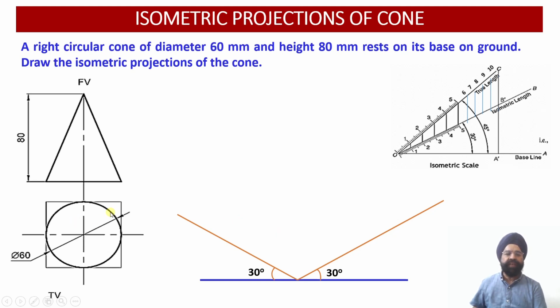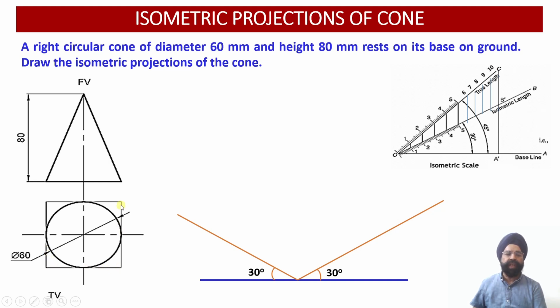So circle will appear to be an ellipse in the isometric projection. So we have to inscribe this circle into a square, and the dimensions of the square will be once again 60 by 60, because the diameter of this particular circle happens to be 60 millimeter.